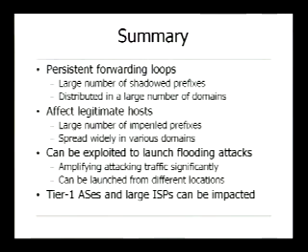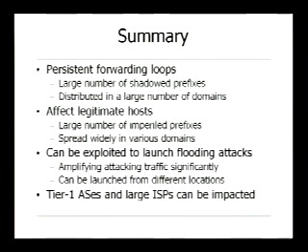So here is the summary. The first is that persistent loops do exist in the internet, and a large number of routable addresses have persistent forwarding loops. It also affects a lot of legitimate hosts, and all these addresses are widely distributed in the internet. Also, flooding attacks can be launched from multiple locations.